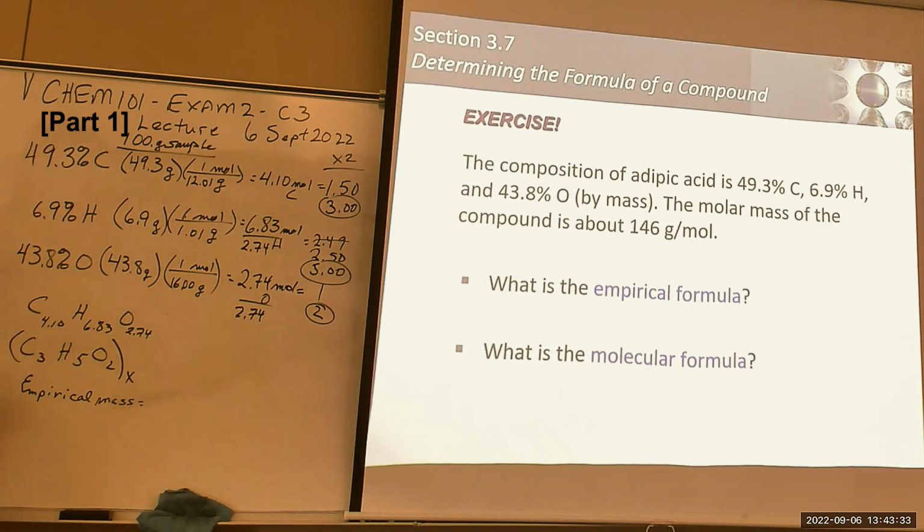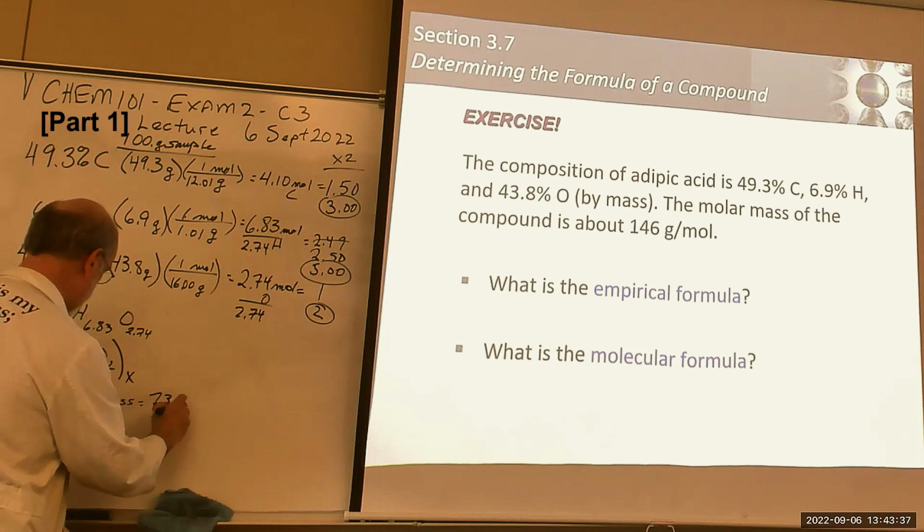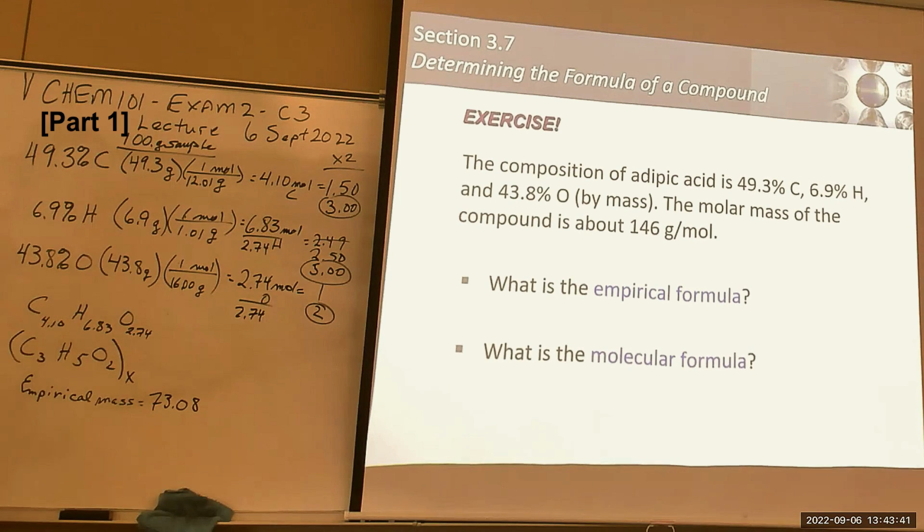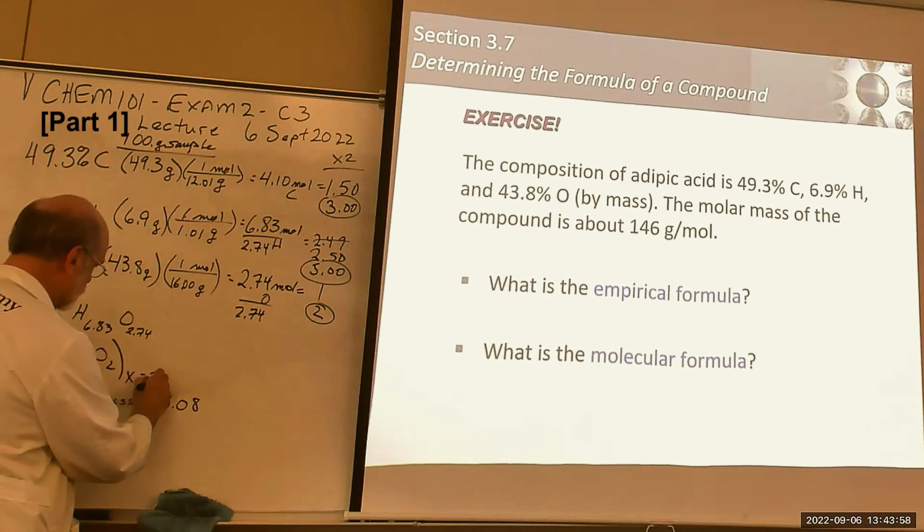That's 73.08, about 73, for that formula. So what whole number multiplier will give you 146 out of that? The closest you can get to it is a multiplier of 2. If you multiply that by 2, you get pretty close to 146. So X equals 2.